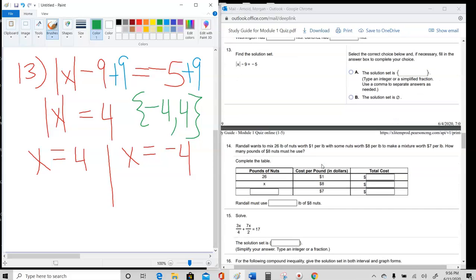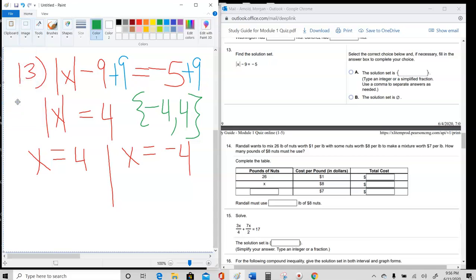Question 14. Randall wants to mix 26 pounds of nuts worth $1 per pound with some nuts worth $8 per pound to make a mixture worth $7 per pound. How many pounds of $8 nuts must he use? Give me 1 second.